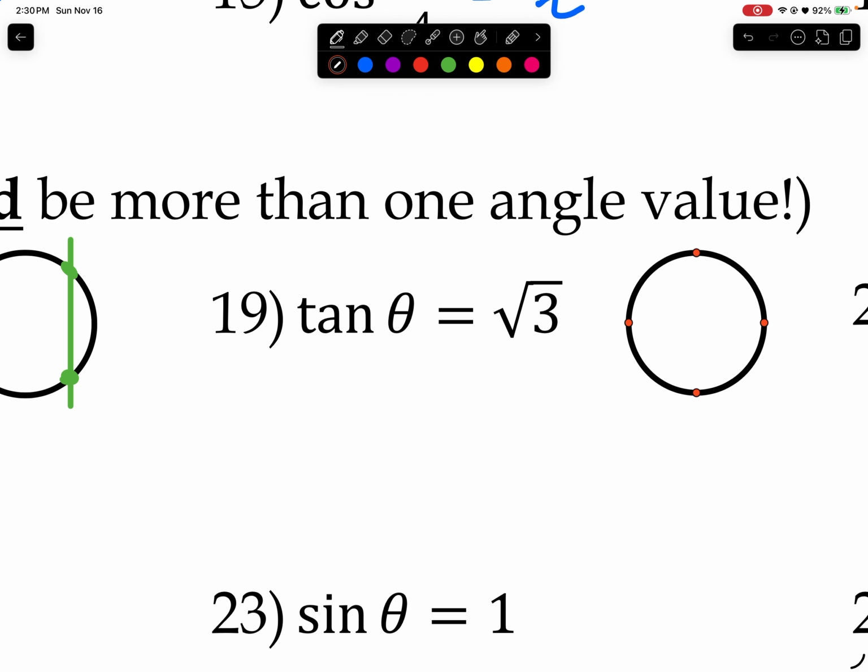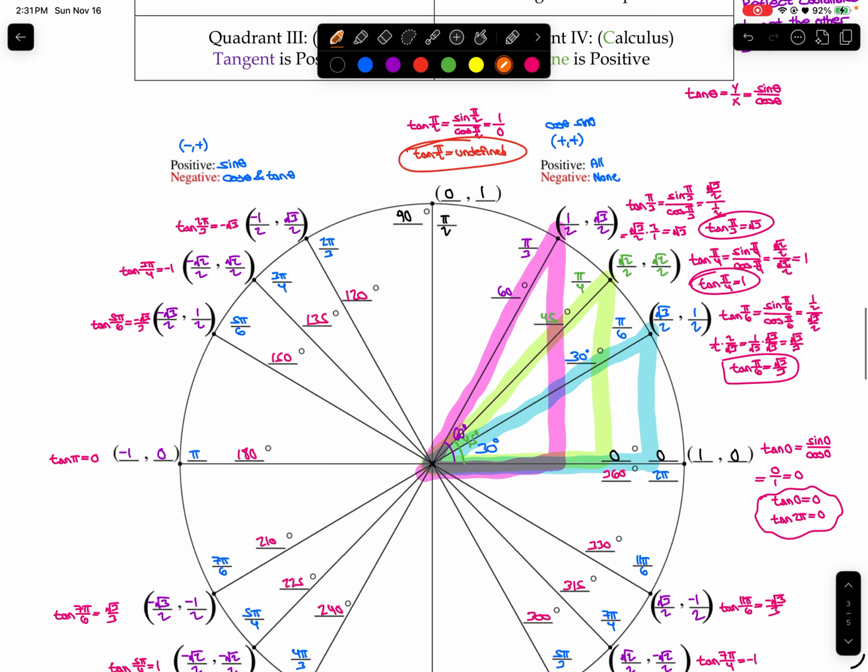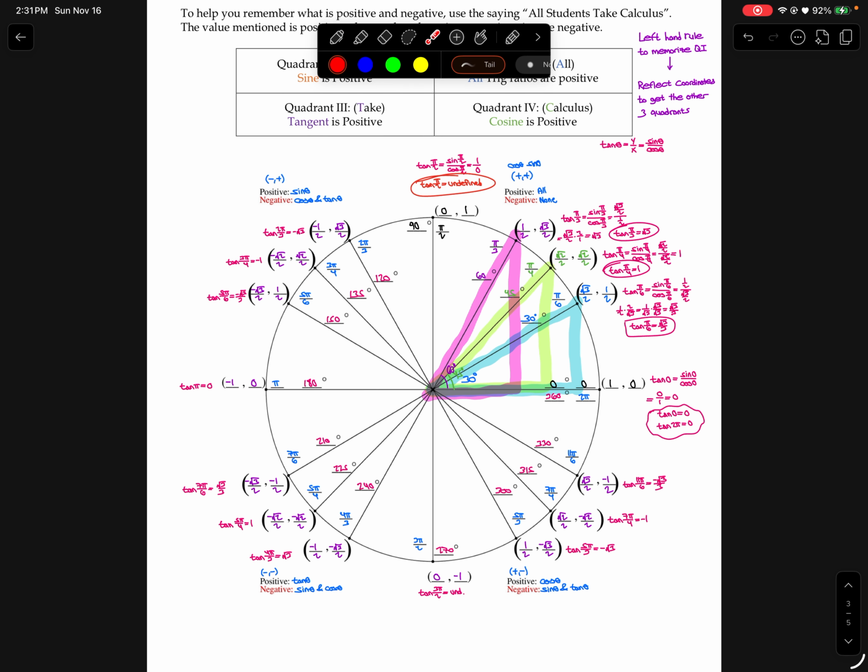So tangent, where it's positive root 3, so it's going to be positive in quadrant 1 and 3. So I'm looking to see what are these two values on the unit circle where tangent is positive root 3. So if I look here, that's going to happen at pi over 3. And also if I go down across the spoke, that's also going to happen at 4 pi over 3.